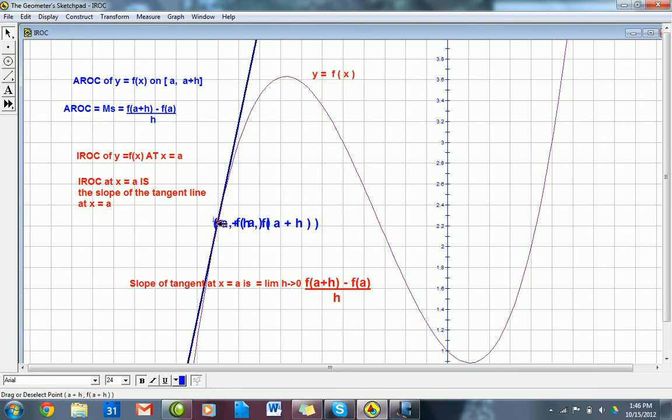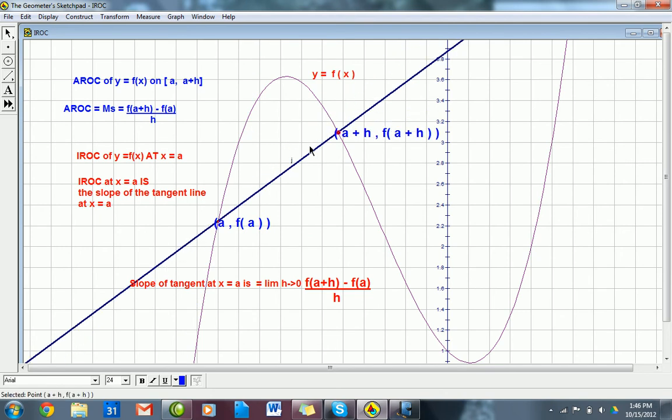The question is, how do we find the slope of that tangent line? Well, we start with the average rate of change, the slope of the secant. We start right here with this difference quotient, which is the same as the average rate of change between these 2 points.